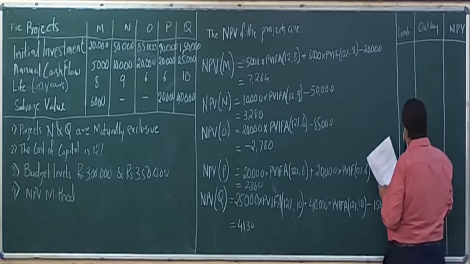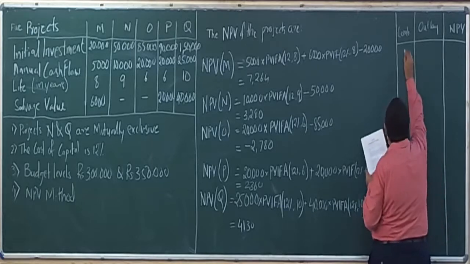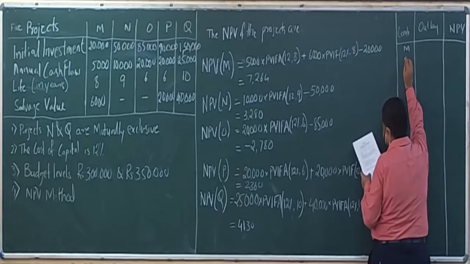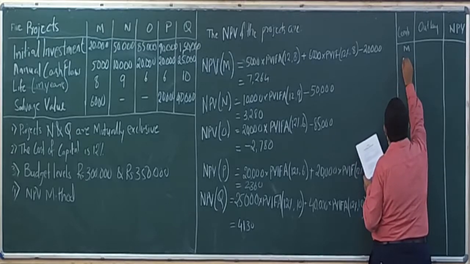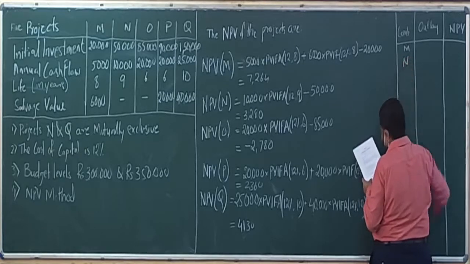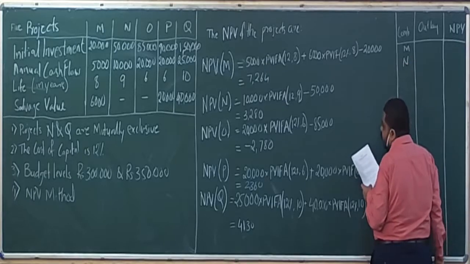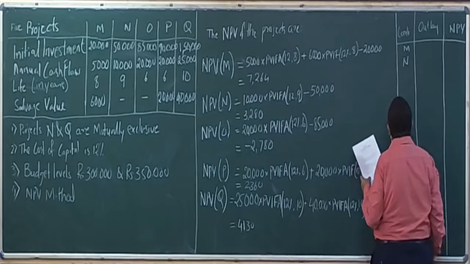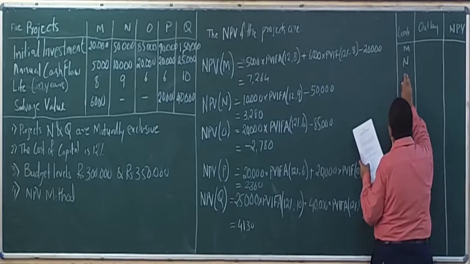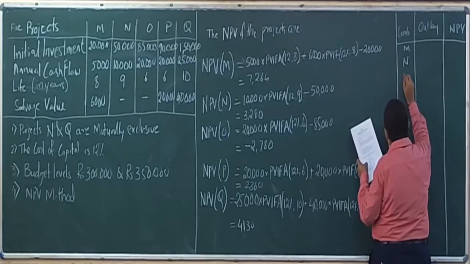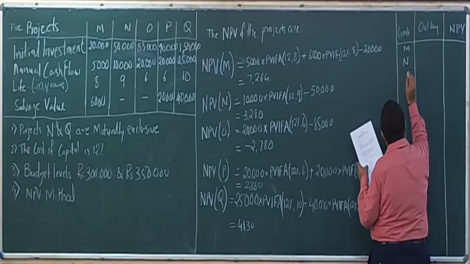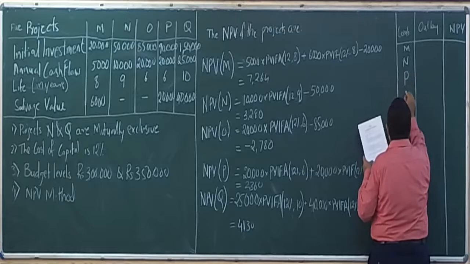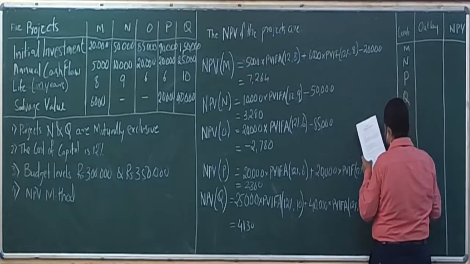The first one is project M. As it is, we will note down N. O I am not going to consider because the NPV of O is negative and I am going to reject that project. So I am not going to consider it for calculation or for the feasible combination approach. Next one that I am going to consider is P, and then Q.